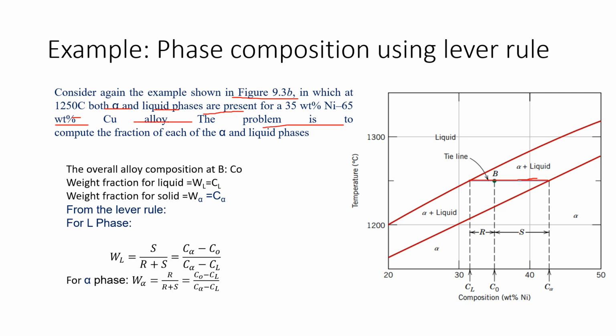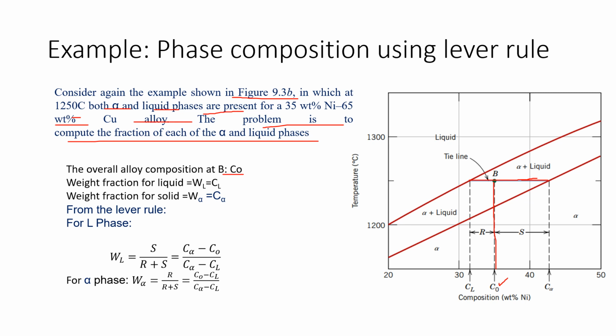The problem is to compute the fraction of each alpha and liquid phase at point B. The overall alloy composition at B is Co. Co is known. Just draw a horizontal line, a vertical line, and you will get the value Co.